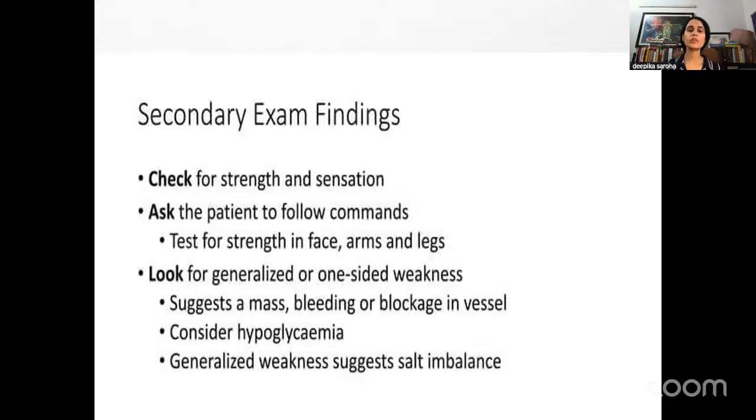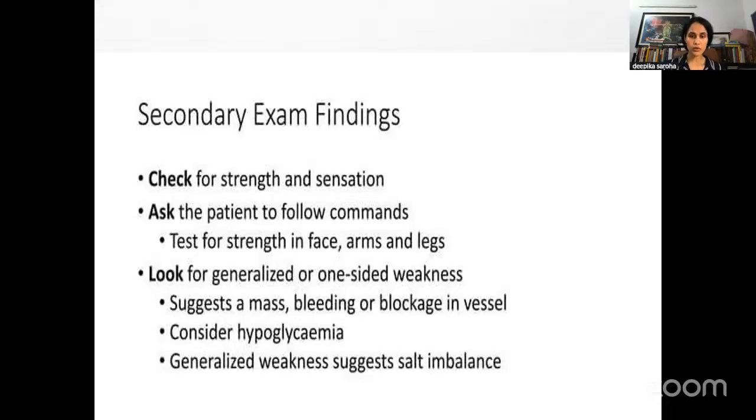Secondary examination also includes checking strength and sensations to see if there is any intracranial infarct or intracranial bleed leading to hemiparesis or monoparesis, and do a cerebellar examination also if a patient is presenting with imbalance while walking. Ask the patient to follow commands to test the strength of face, arms and legs.